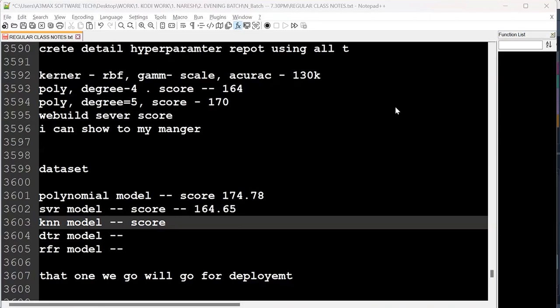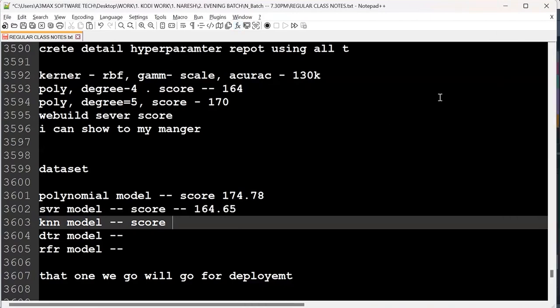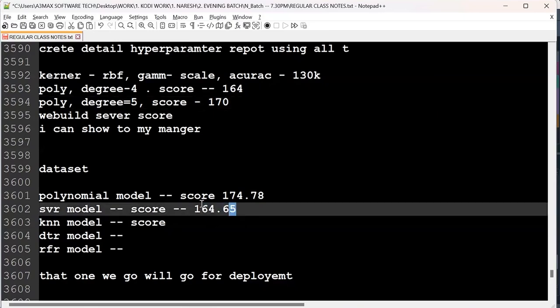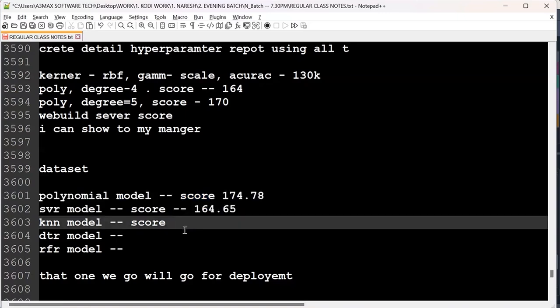So offline team, do you guys understand or not? Did anyone get this score? Are you able to try to tune it? Okay, can we go to the KNN model or Python? Let me finish.